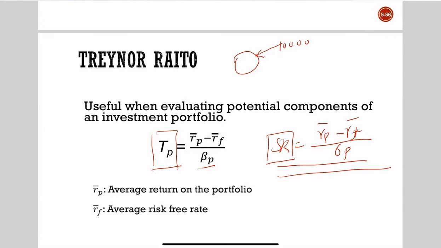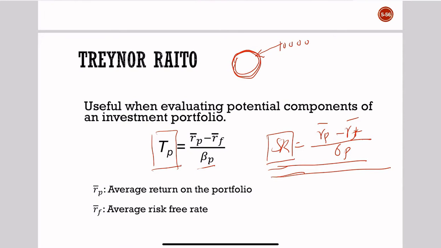Now you should use Sharpe ratio because you're looking at your large single portfolio. In this case, there are no additional assets to generate a diversification effect. So what matters to you is the total risk, which is measured by volatility.